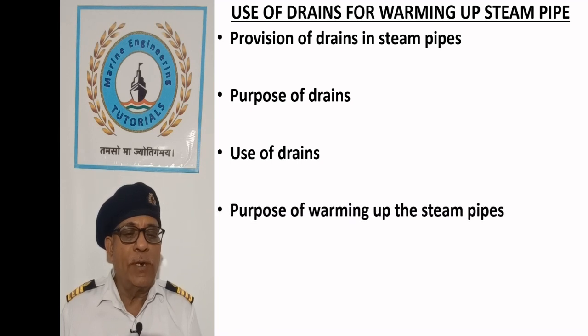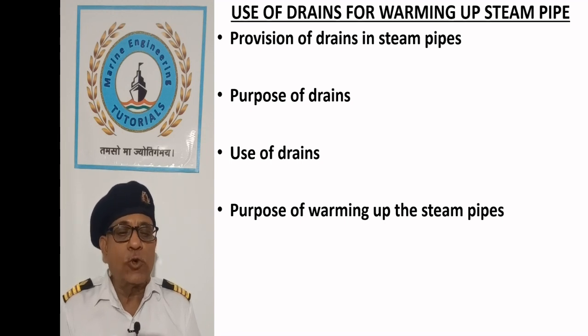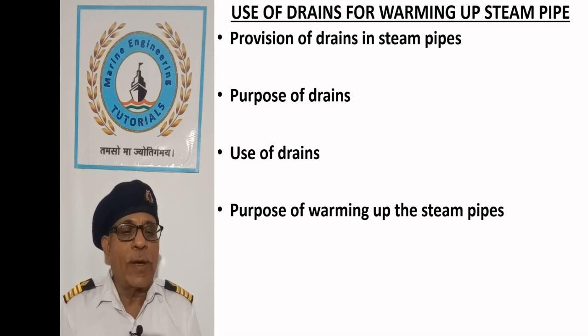Purpose of warming up the steam pipes. Before opening the steam, the pipe has to be warmed up gradually to avoid thermal distortion and subsequent damage. Procedure of warming up the steam pipes.